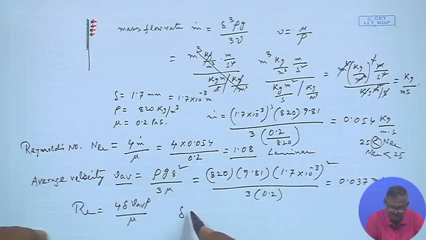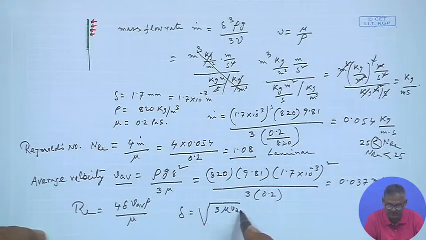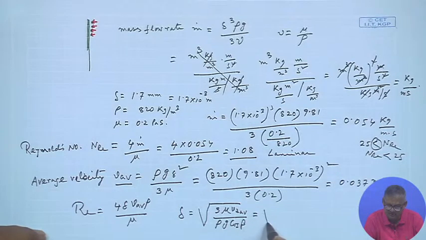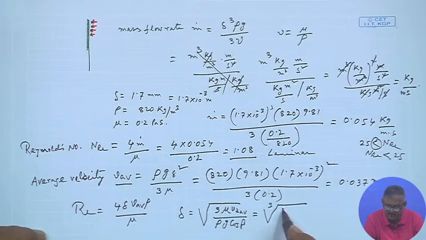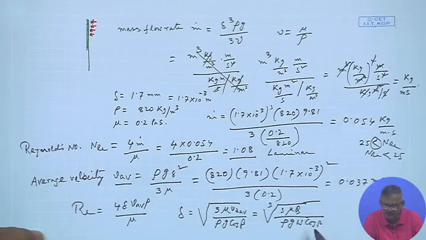We also gave the thickness del in different forms. One was under root 3 mu V average by rho g cos beta, and this was also under root 3 mu q by rho g w cos beta. Here it is said unit width, so w will go out.